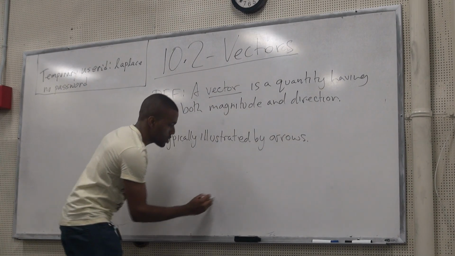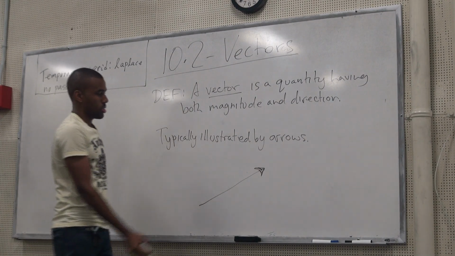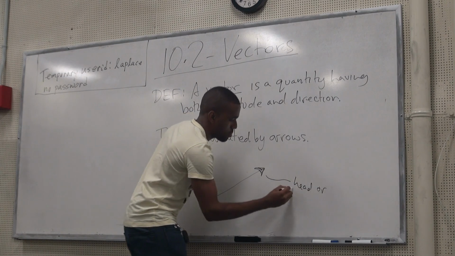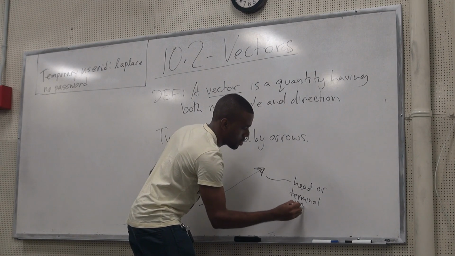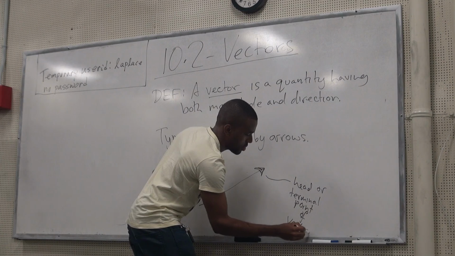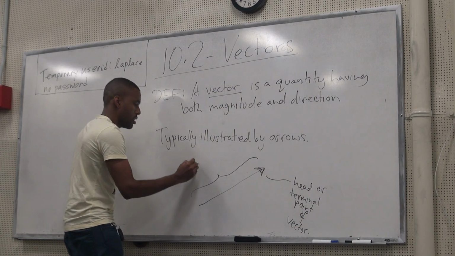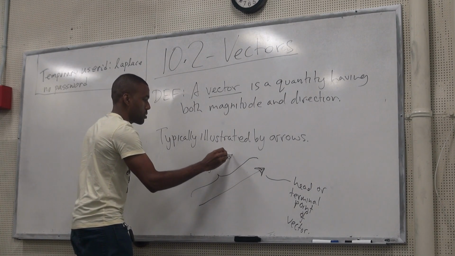Right, so it's typically illustrated by arrows, right? So this is called the head or terminal point of the vector. This is the length or magnitude.